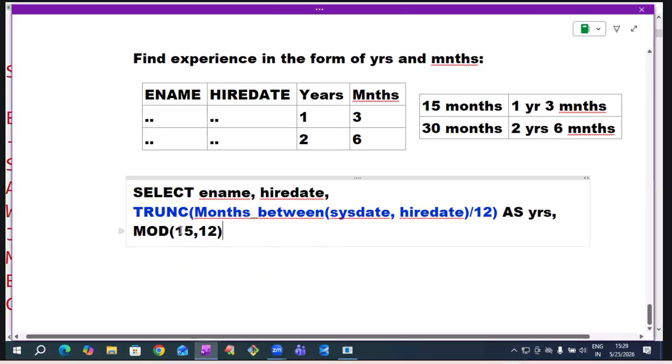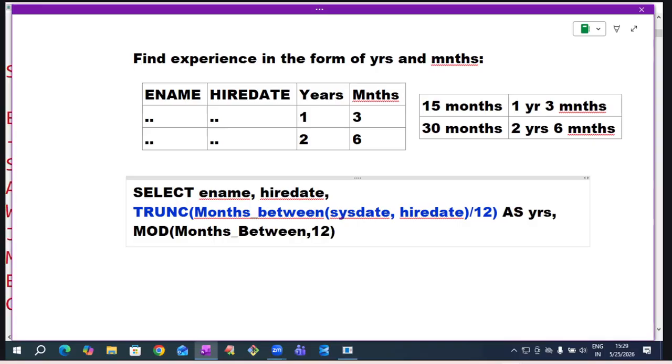So this 15 is number of months. How to find number of months? You already know. Months between, sys date, comma, hire date. In this also, if decimal places are there, to remove them, call the function trunc. That's it, sir.